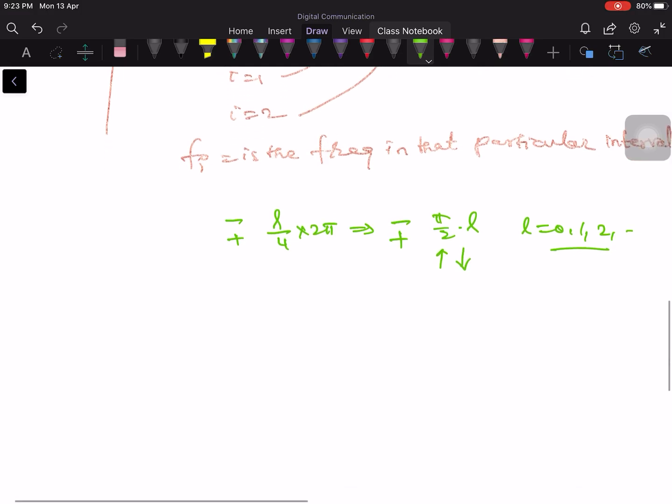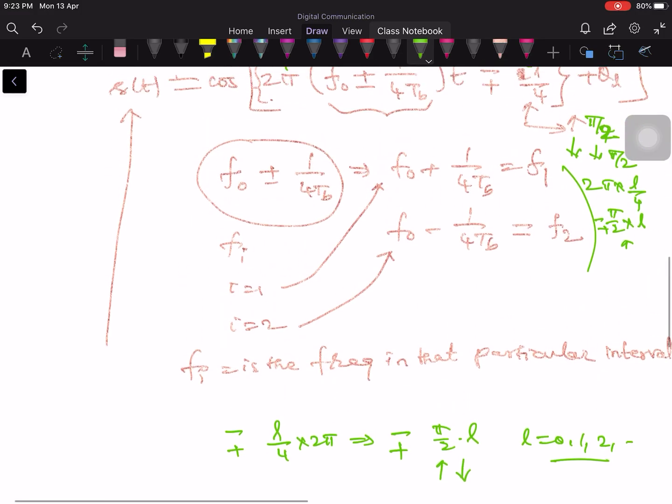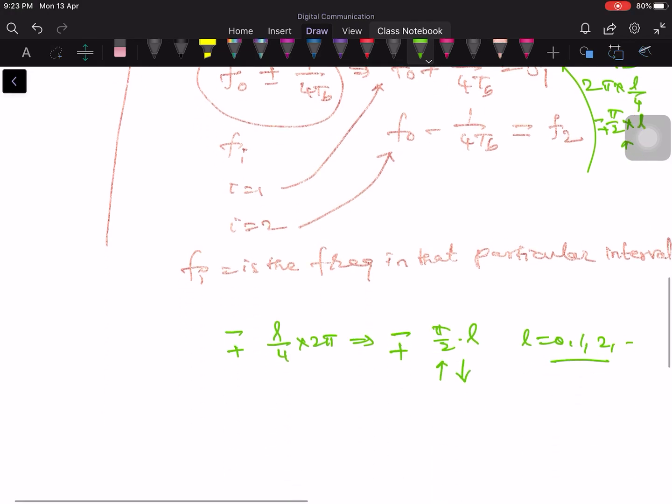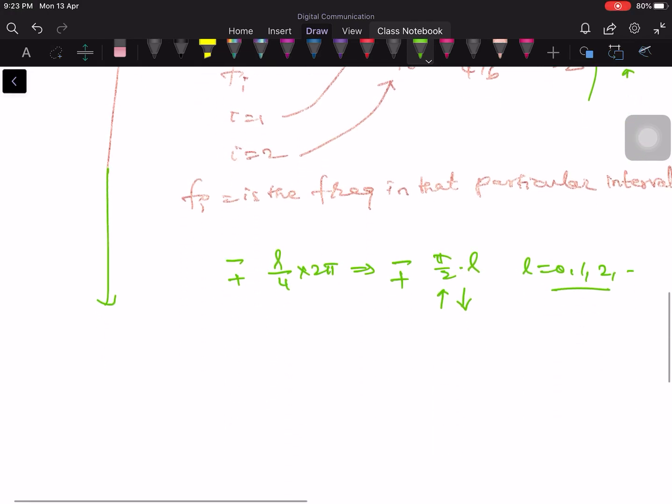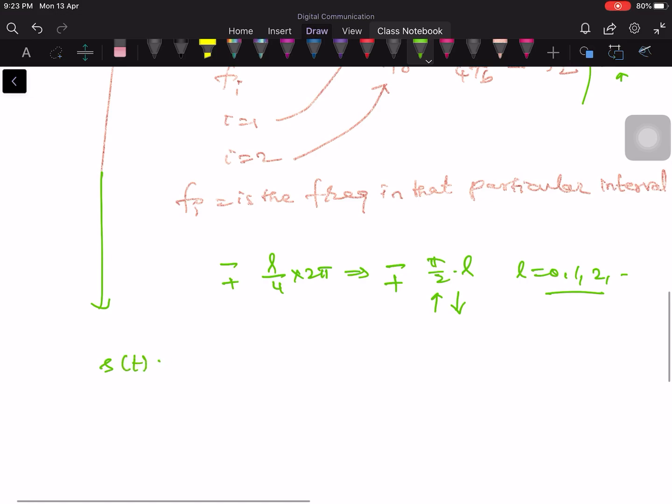The final phase change is going to be one more minute. Let me rewrite this equation. Your s of t is equal to cos of 2 pi times fi minus or plus L by 4 plus theta L. Right?